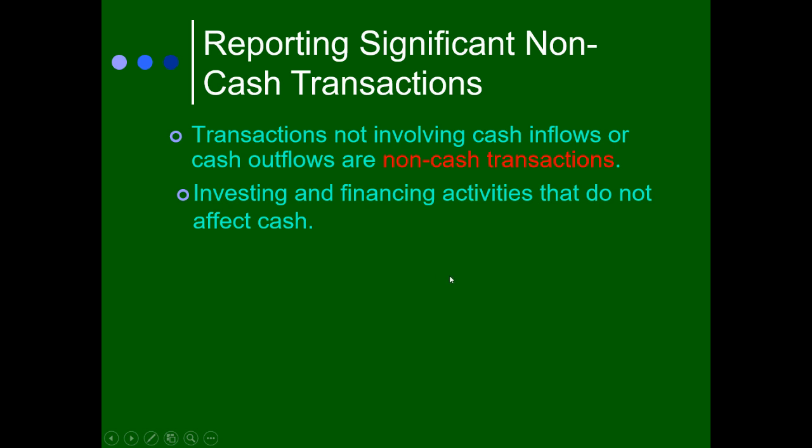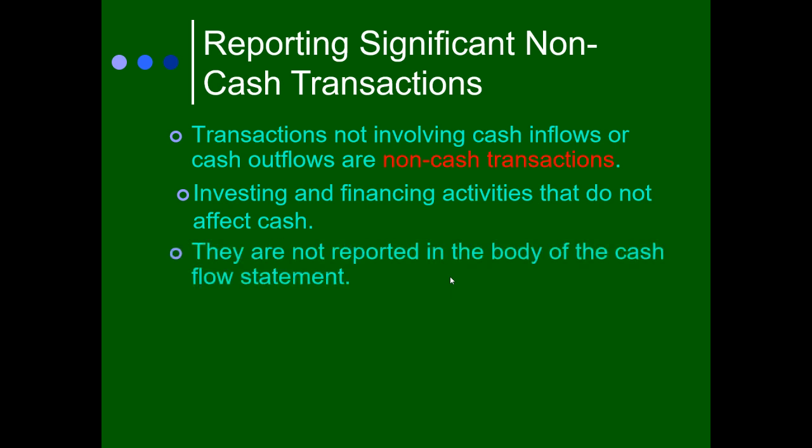You are only reporting it, just stating that this activity has happened, but it does not affect the cash part. So they are not reported in the body of the cash flow statement. They are reported under another section, just explaining what has happened.